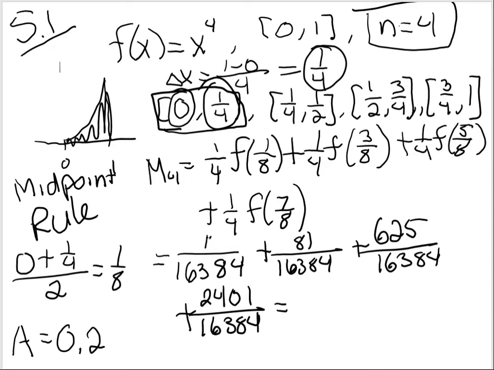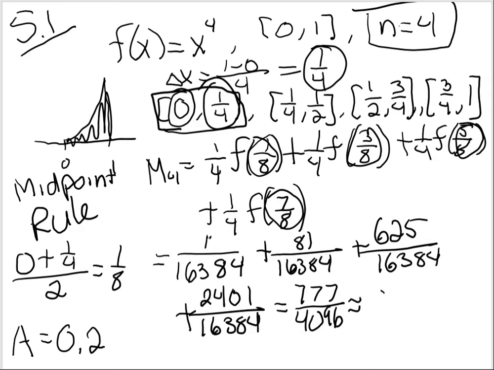Once you plug in each of these into the original function and multiply by 1/4, those are the fractions you get. And when you add them and reduce the fraction, you'll get 777/4096, which is approximately 0.1897.